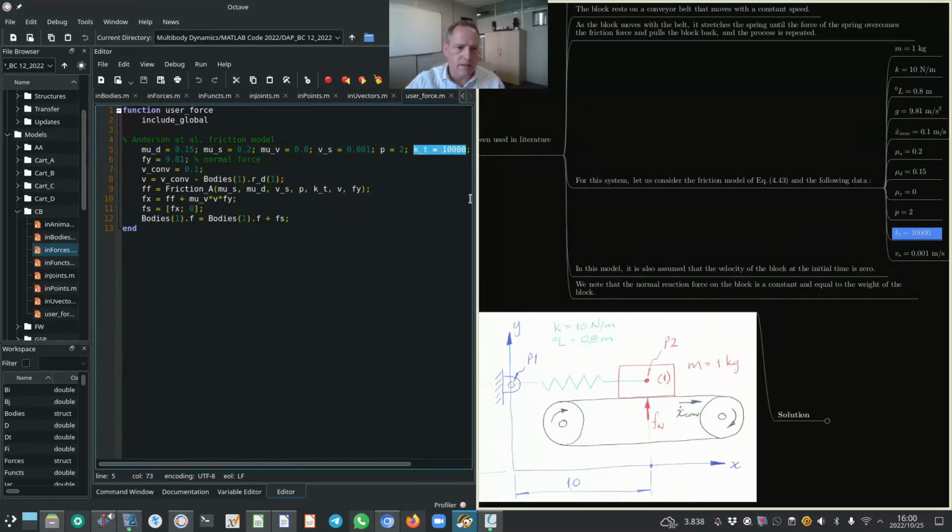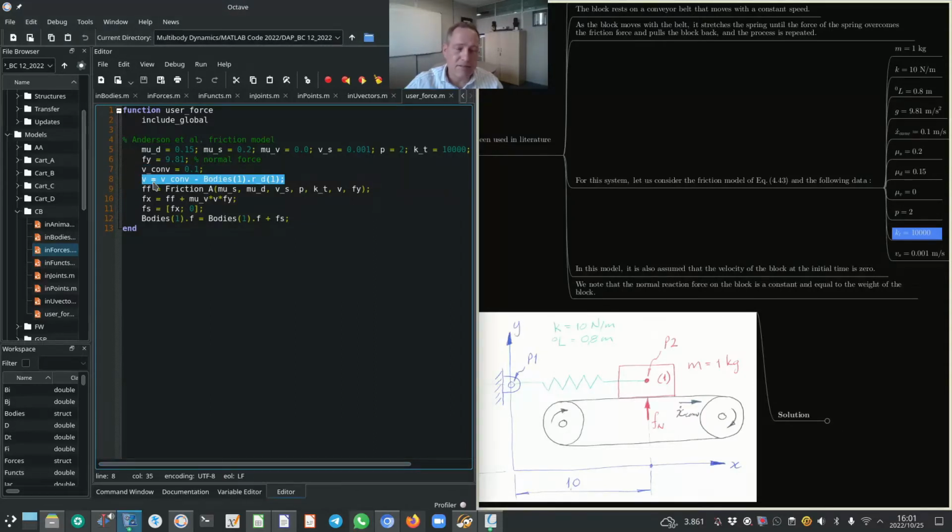We then define the normal force Fy as being 9.81. The speed of the conveyor is then defined as 0.1 meters per second.